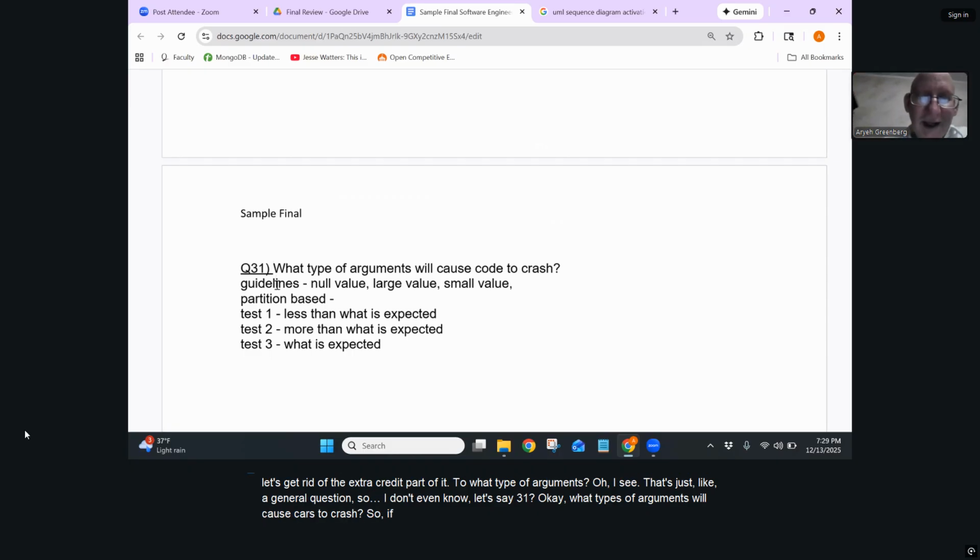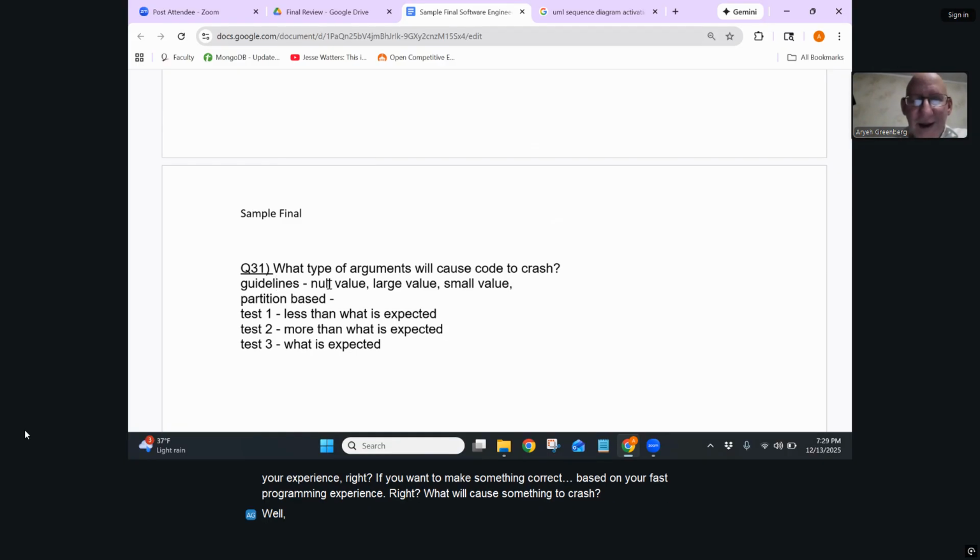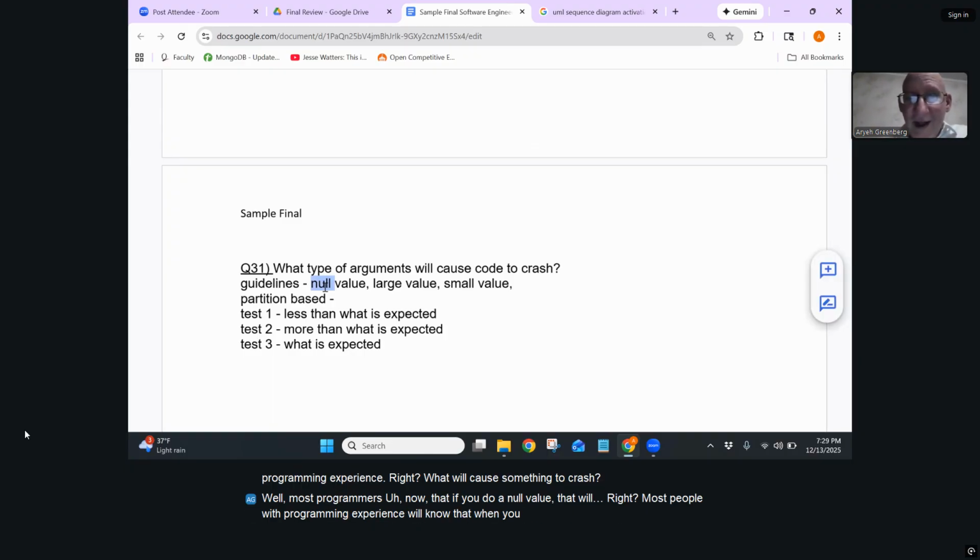So if you're looking at guideline, remember what's the difference between guideline-based testing? Do you remember that? Guideline is based on your experience, right? If you want to make something correct based on your vast programming experience, what will cause something to crash? Most programmers know that a null value will. When you have no value or a null value, it will crash.